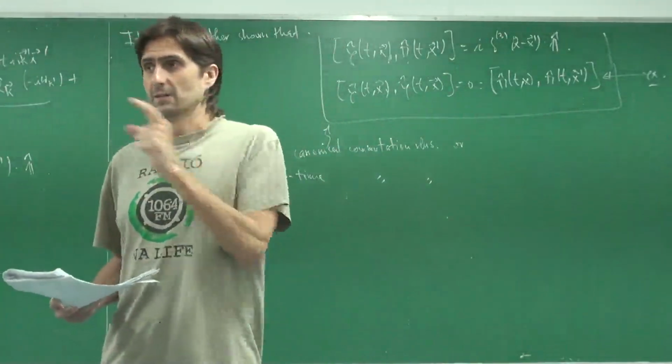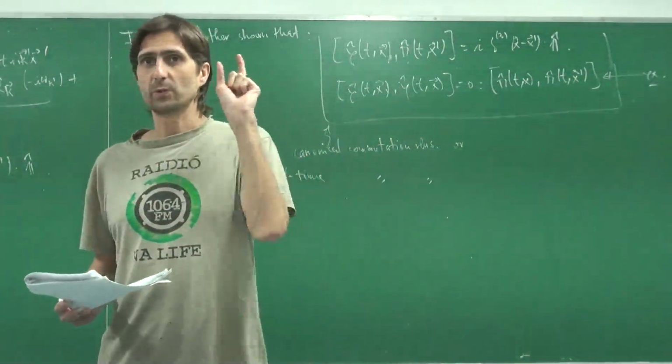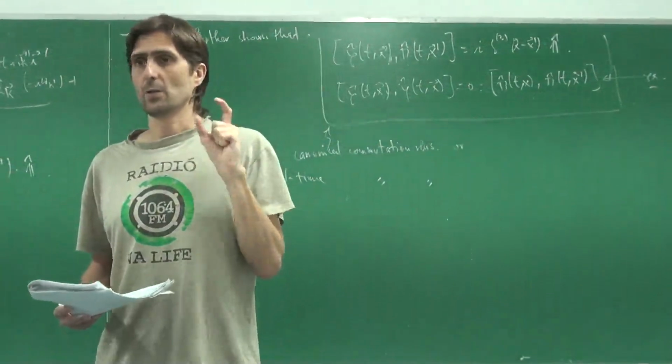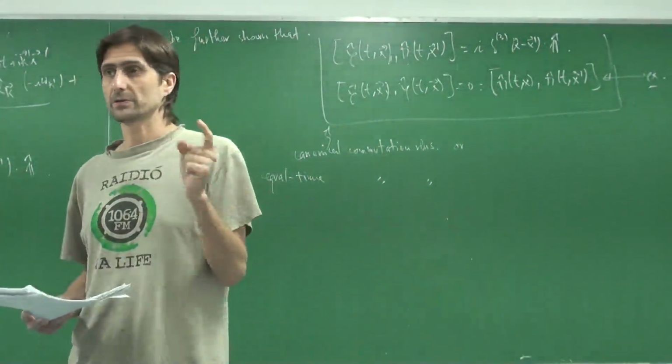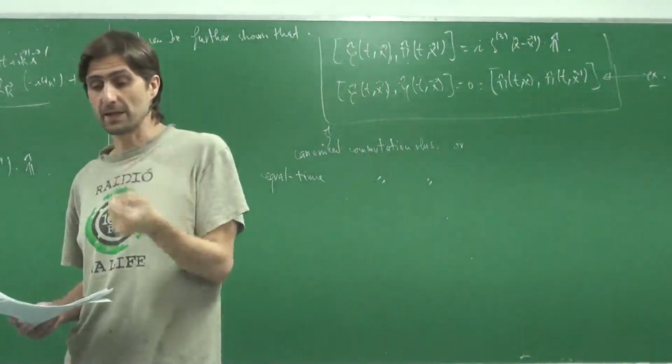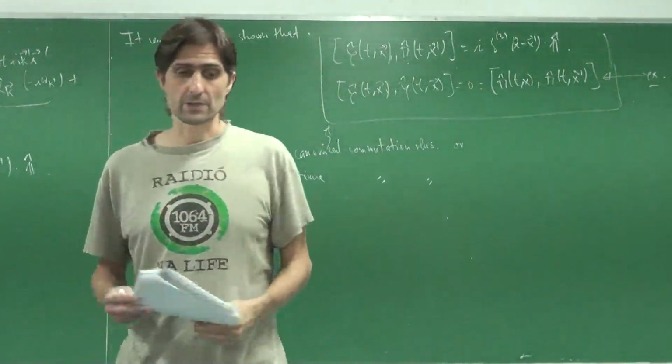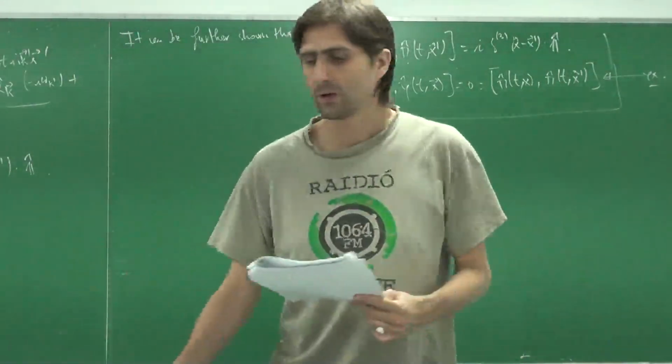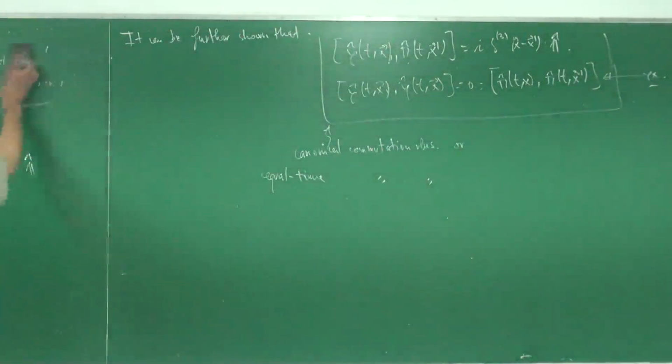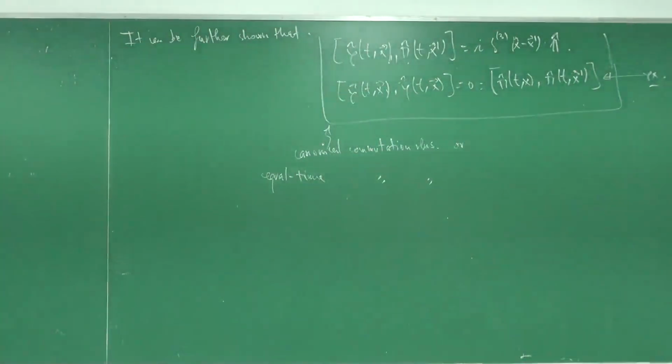Anyway, this is very important. But what we set off to do was to look for the inner product in the vector space of positive frequency solutions. Okay, so now we can do it.